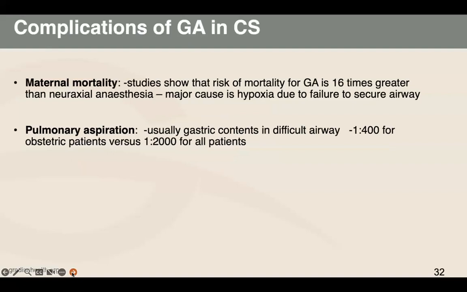Studies show that the risk of mortality for general anesthesia is 16 times greater than neuraxial anesthesia, with hypoxia being the major cause from failure to secure the airway. And aspiration of gastric contents occurs up to 1 in 400 times in pregnancy, compared to 1 in 2,000 for general patients. Next slide.